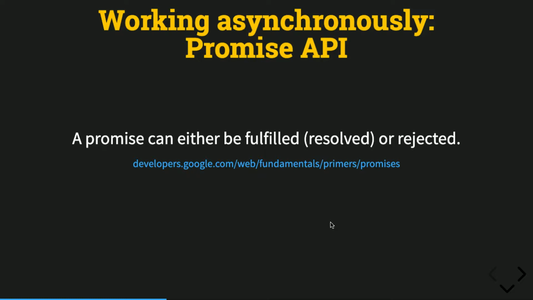A promise in JavaScript code, or in any language actually, I think Java had promises years ago before we saw them in JavaScript, is basically an IOU in code that eventually will have an outcome of either being fulfilled or rejected. It's a way to work asynchronously with a thread and chain together events.